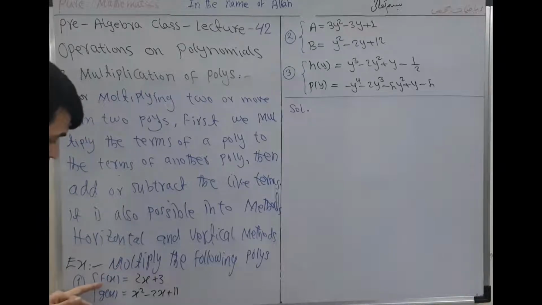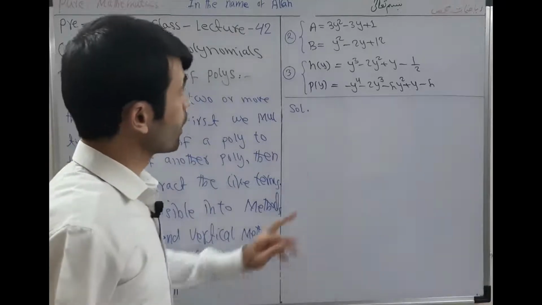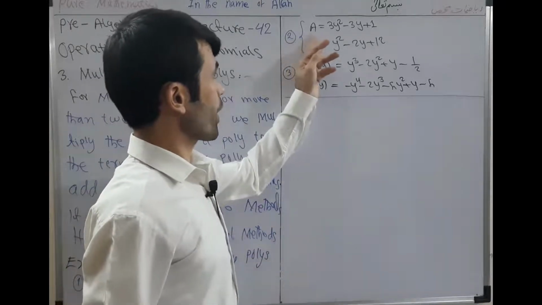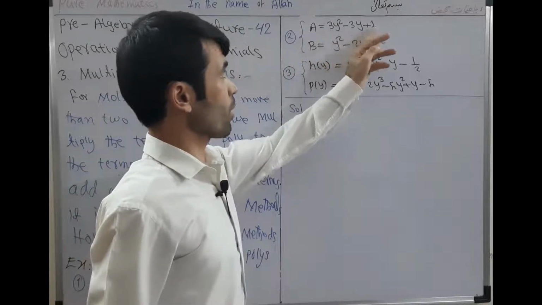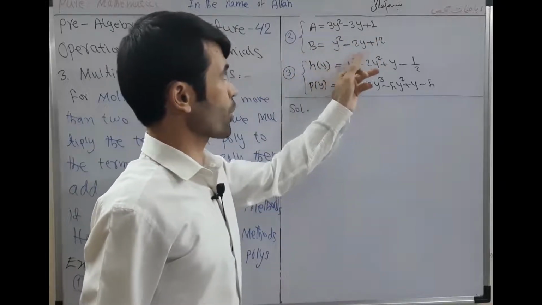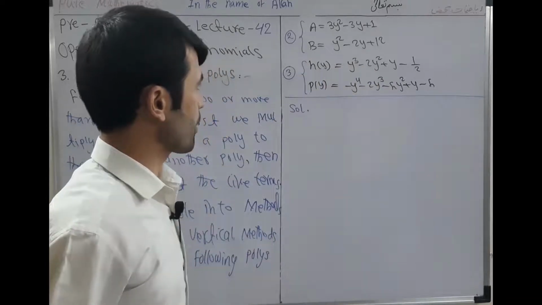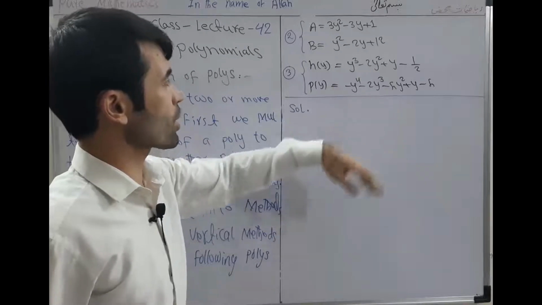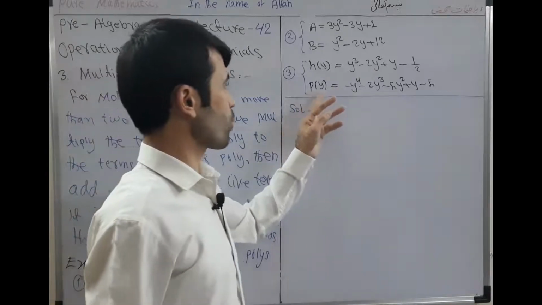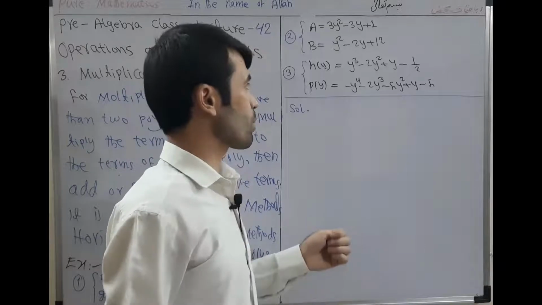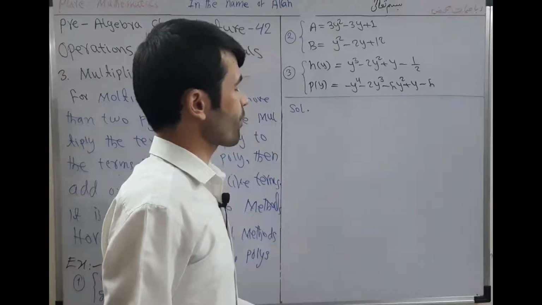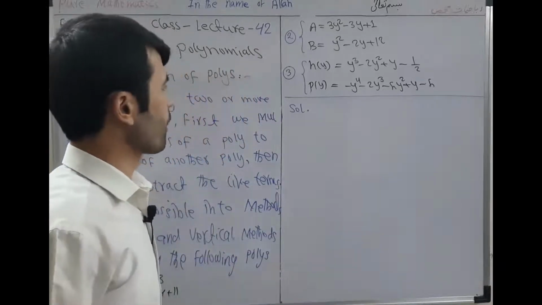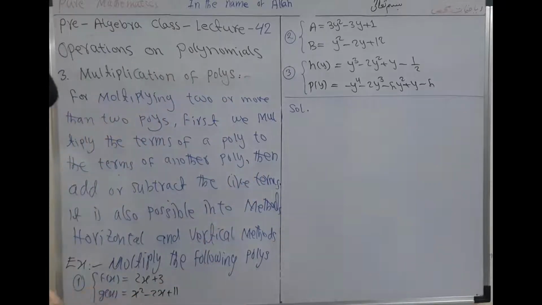This example: f of x is equal to 2x plus 3, g of x is equal to x squared minus 2x plus 11. Number 2, a is equal to 3y squared minus 3y plus 1, b is equal to y squared minus 2y plus 12. Number 3, h of y is equal to y cubed minus 2y squared plus y minus 1 over 2, p of y is equal to minus y to the power 4 minus 2y cubed minus 5y squared plus y minus 5. Now we want to solve these questions. First one, we want to solve question 1 by two methods.